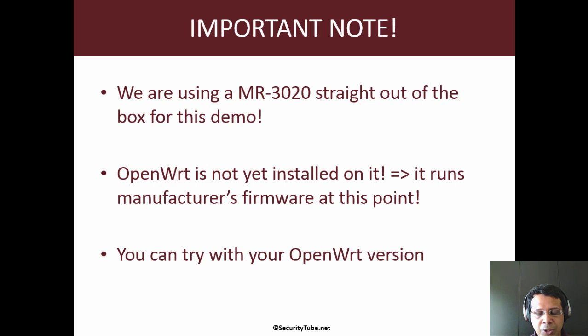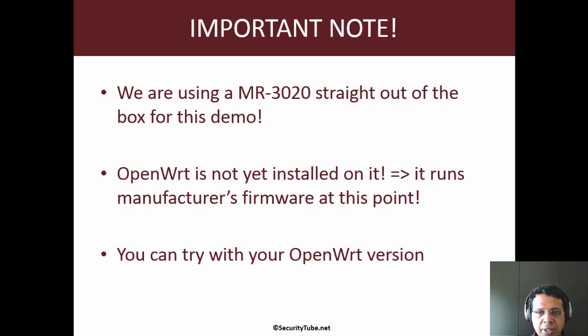Now, important note, as I mentioned, I have a couple of additional MR3020s which I am playing with. And in this video, I'm actually taking an MR3020 on which I have not yet installed OpenWRT. So this is entirely out of the box and I've connected to the serial interface, right?